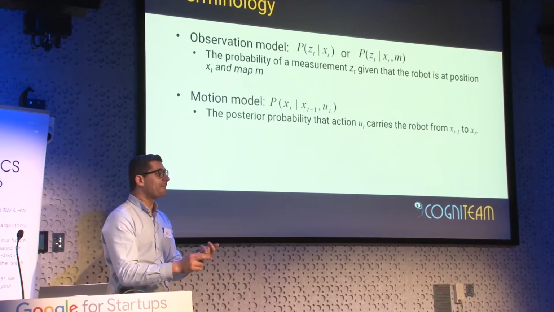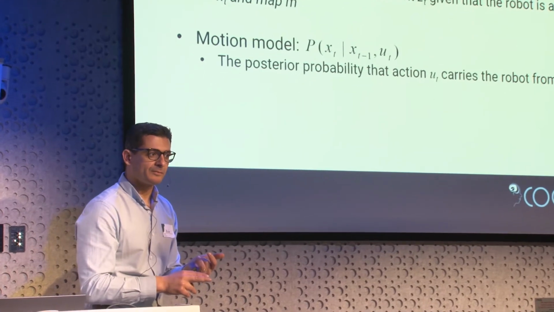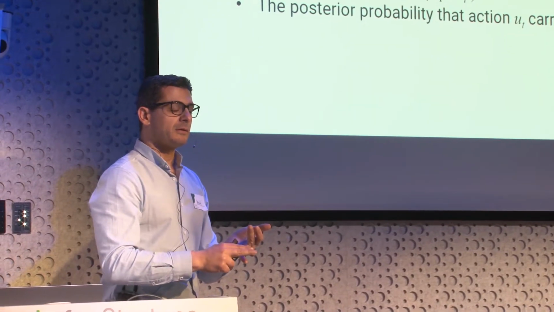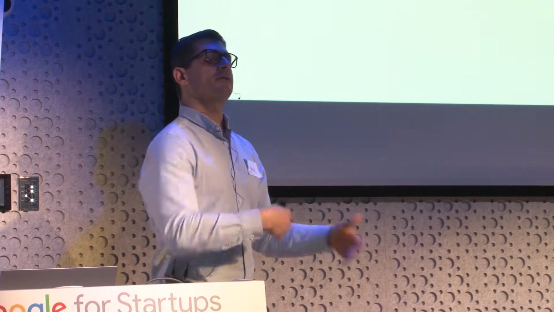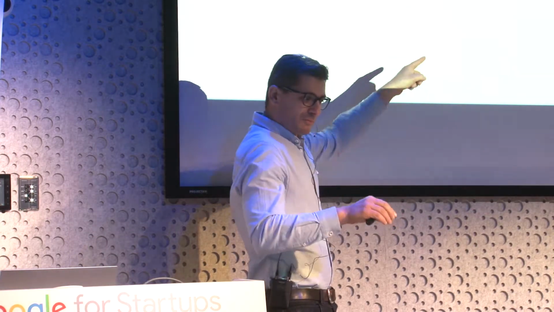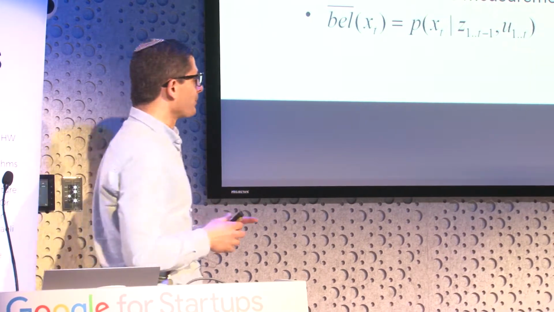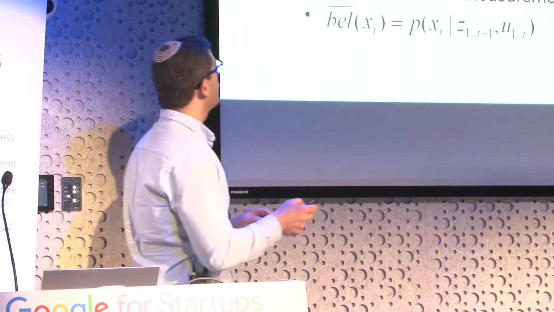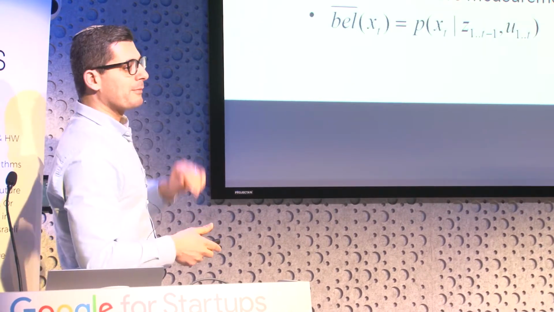Of course, it depends on the environment, okay? It depends on the robot itself. Maybe we have a robot that goes very accurately when it moves straight, but when it takes sharp turns, it loses its accuracy. So it's important also to make the model very close to the specific target robot. So those are the basics of the observation model and the motion model.